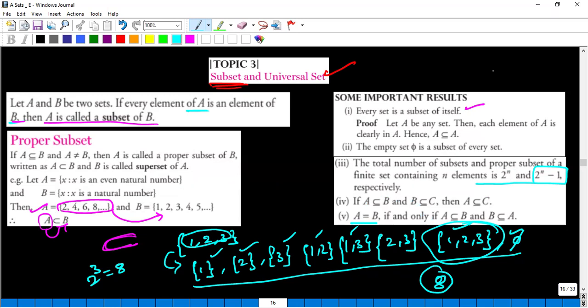So how many proper subsets can we see for this particular example? It is 8 minus 1, nothing but 7.